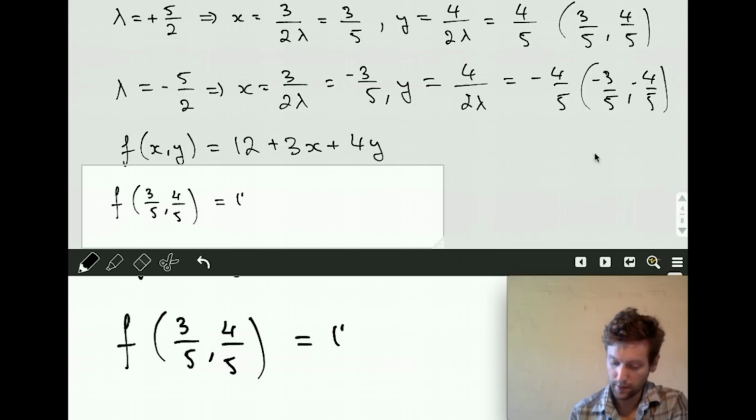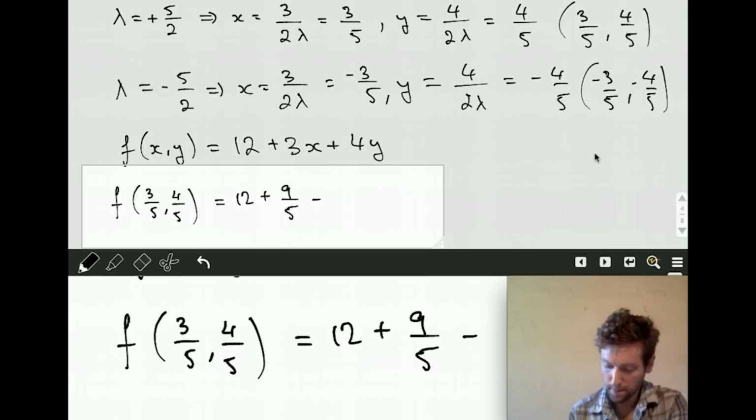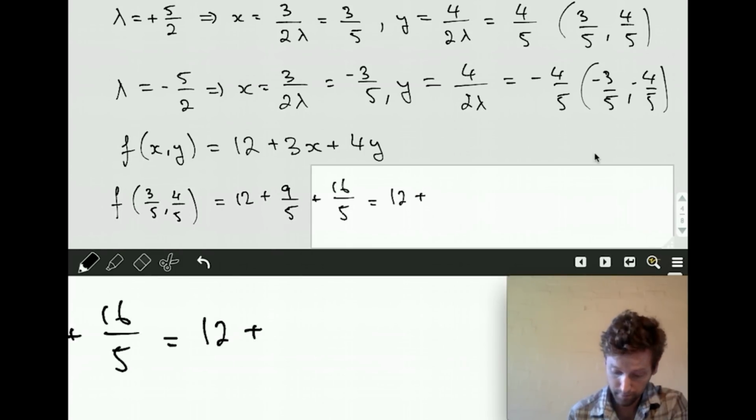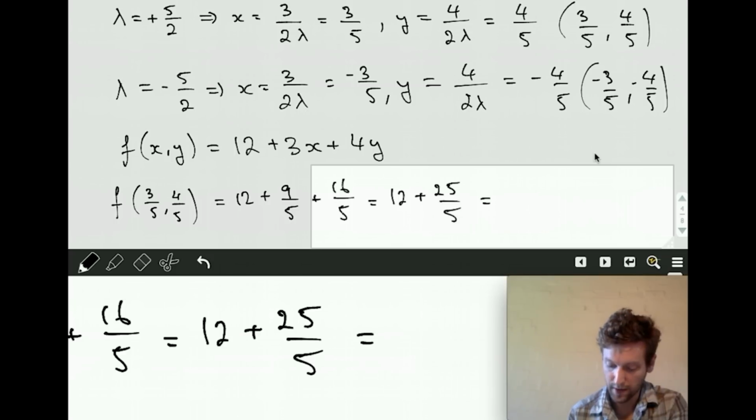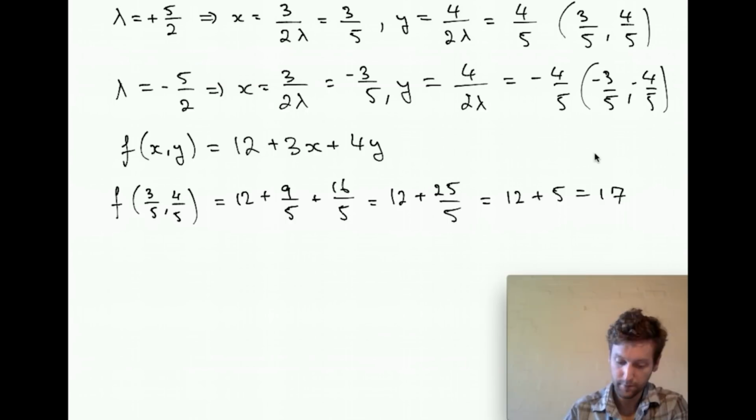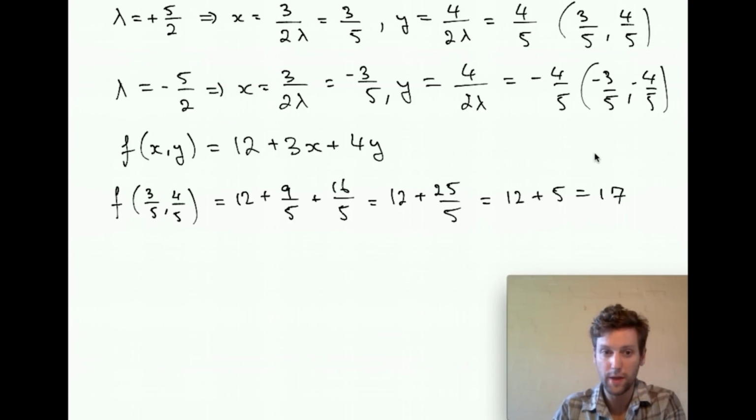That's going to be 12 plus 9 over 5 plus 16 over 5. That's going to be 12 plus 25 over 5, which is 12 plus 5, which is equal to 17. So that's the value of our function at the point 3 over 5, 4 over 5.